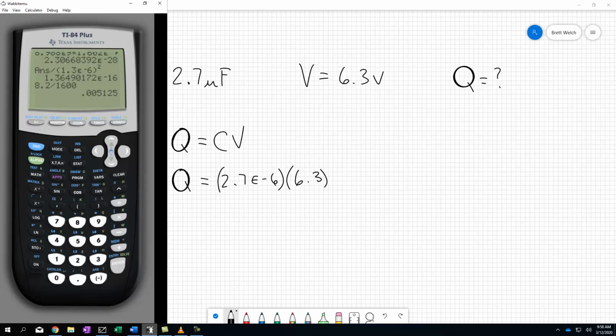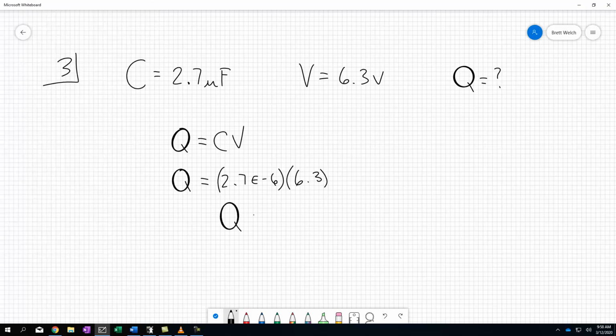Pretty straightforward calculation. 2.7 E negative 6 times 6.3. And we get 1.7 E negative 5. Q equals 1.7 E negative 5, and charge is always measured in coulombs.